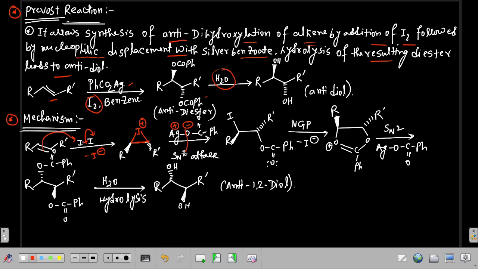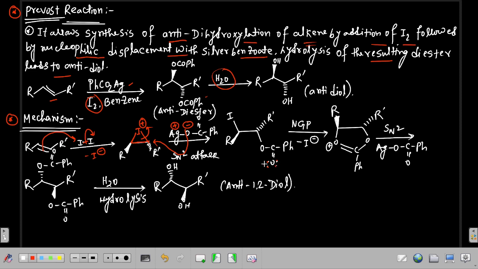So O minus will attack this as an SN2 attack, from the opposite side. So here you see O, CO, Ph and I. Next, NGP will happen like this.